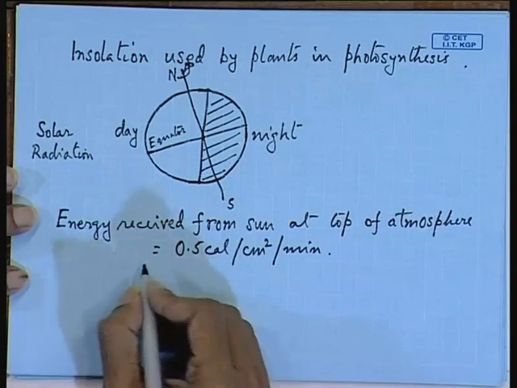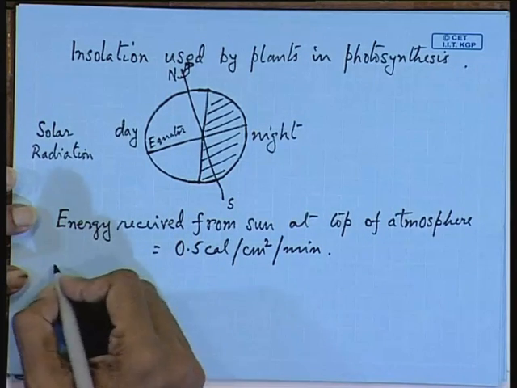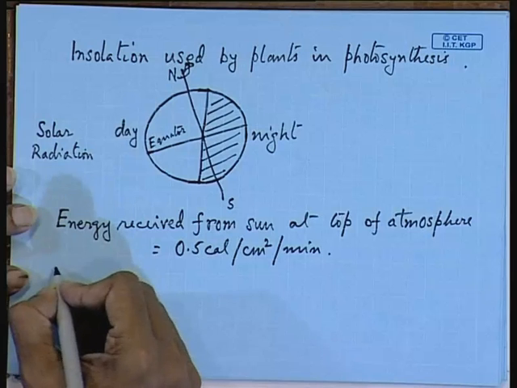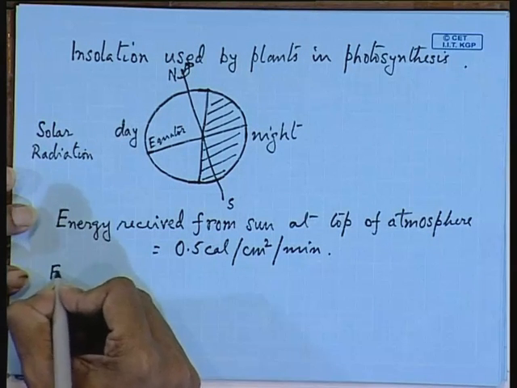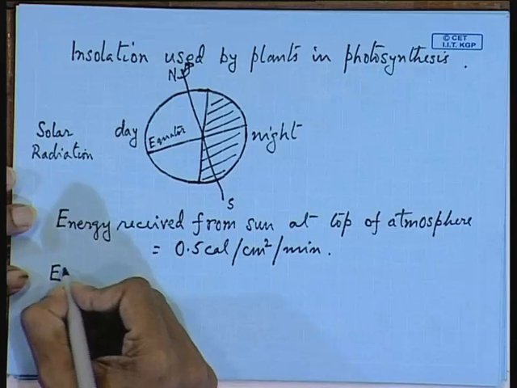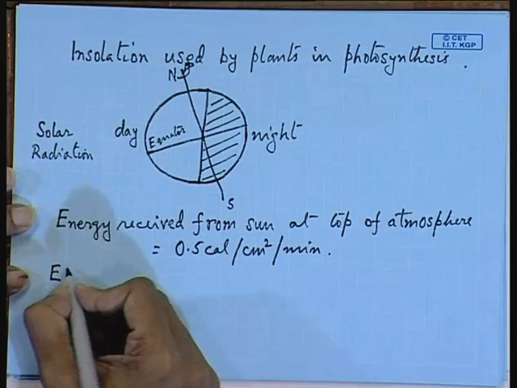Now, part of this energy is absorbed by the atmosphere or stratosphere. So, at the earth's surface you have only 0.25 calories.